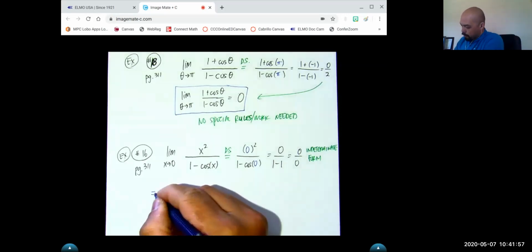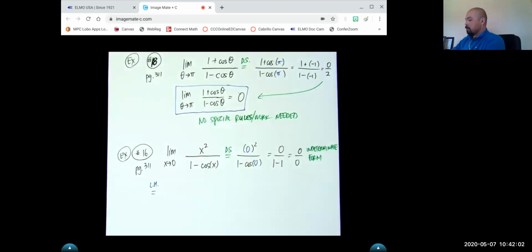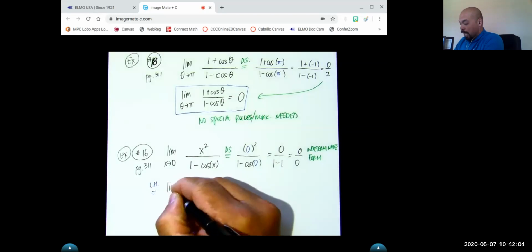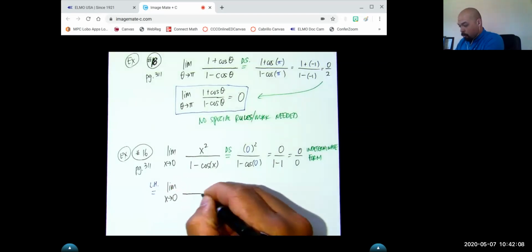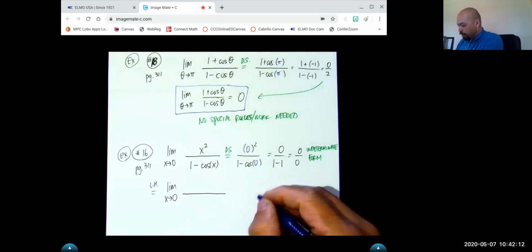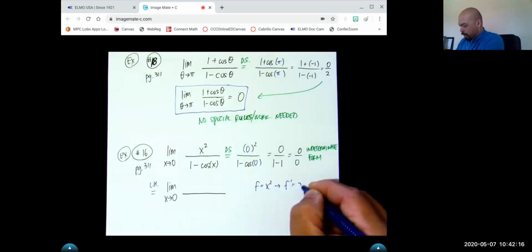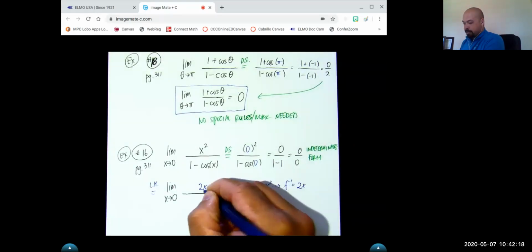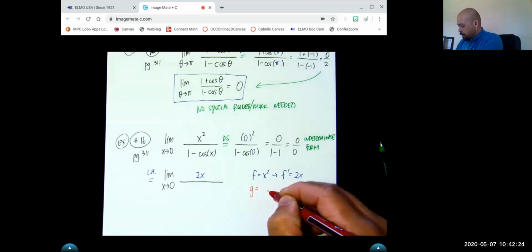So here, applying L'Hopital's rule, LH above that equal sign, just to remind myself, okay, I'm now going to look at the derivative. Still approaching 0. Dealing with the derivatives, the numerator, right? If our function f in the numerator is x squared, f prime is 2x. Denominator function g, 1 minus the cosine of x.